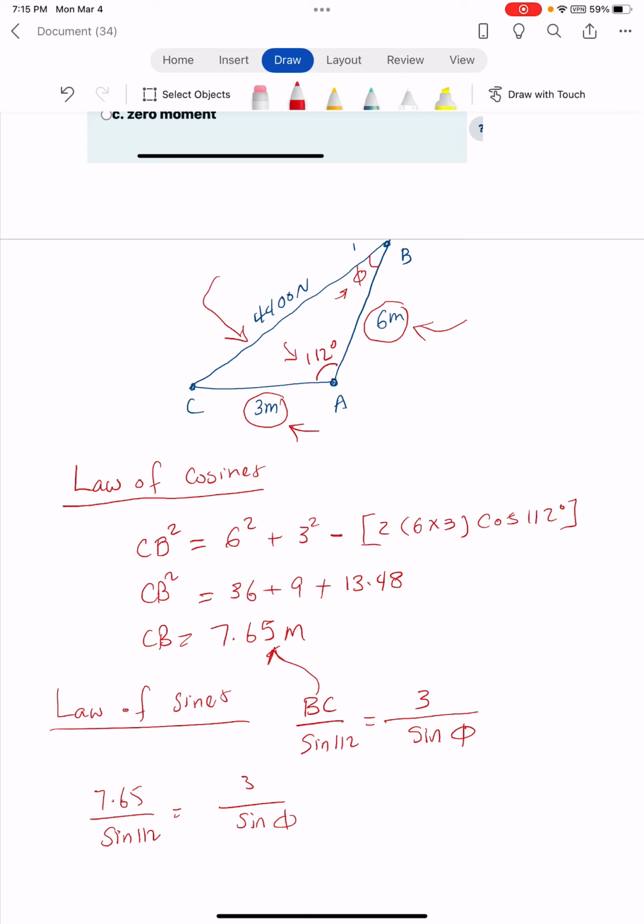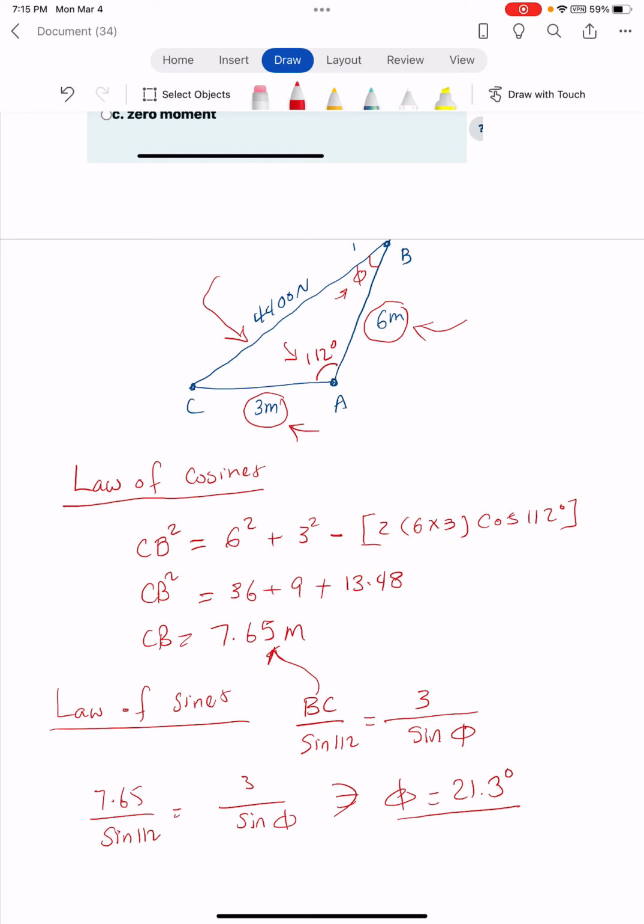Let's look at 3 times sine 112 over 7.65, the inverse sine of that, and phi is equal to 21.3 degrees. So we got this angle.